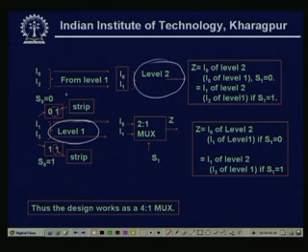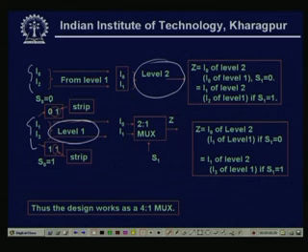In the first level I0, I2 is fed, and in the first level I1, I3 are fed to 2 2 to 1 multiplexer.